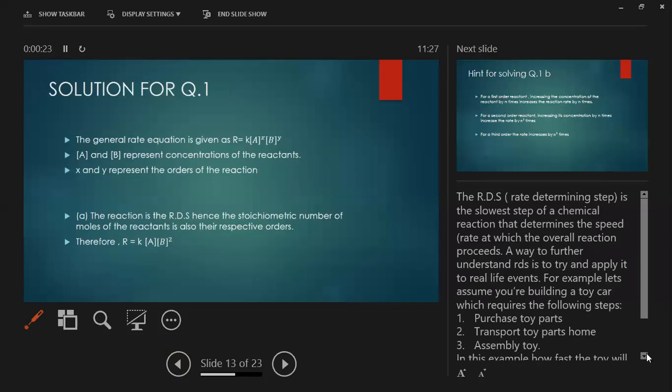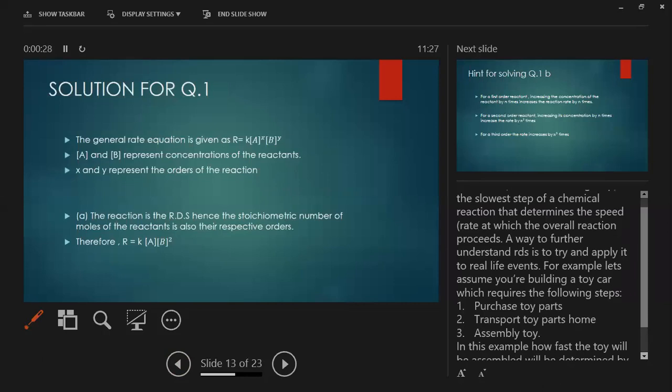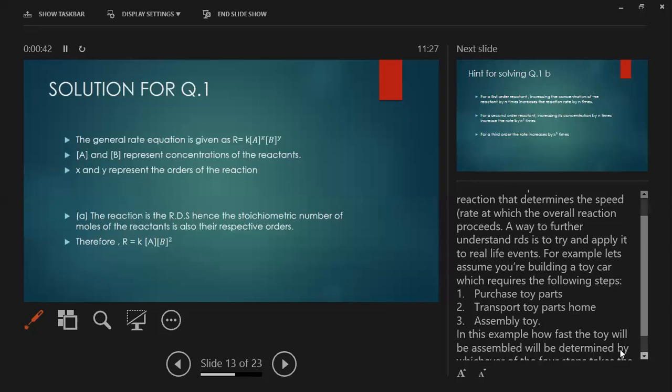So to explain, let's look at an application in real life. Let's say you want to build a toy car and you need 3 steps to do this. The first step is you have to purchase the parts of the toy. Then the second step, you have to transport the parts home.